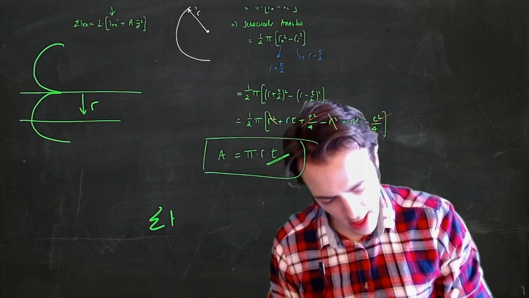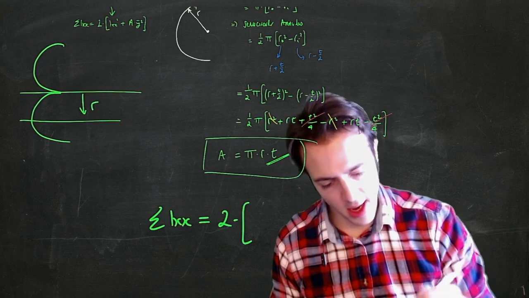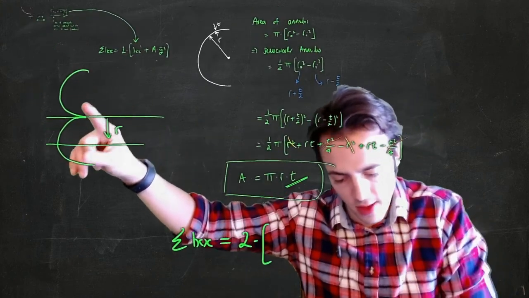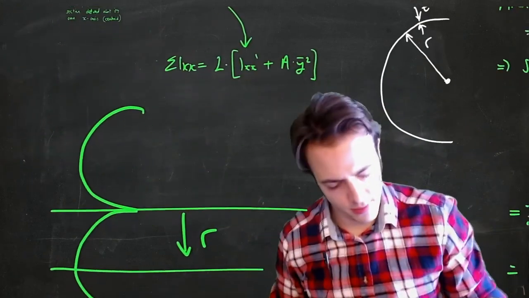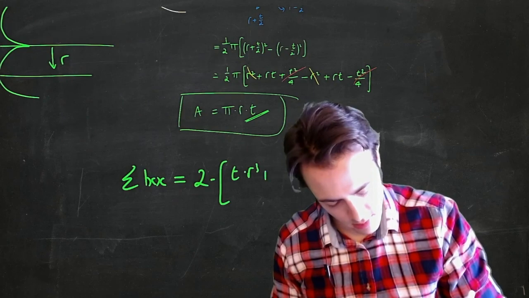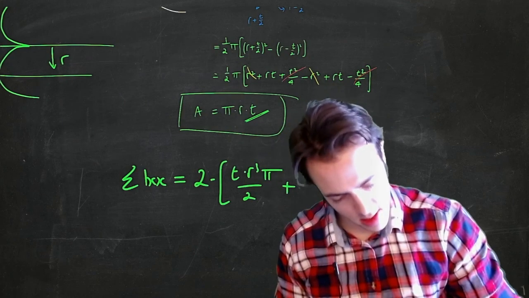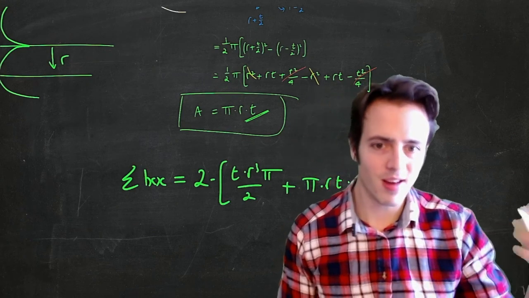So the total Ixx of this shape is equal to 2 multiplied by the Ixx of the semicircle about itself, which is t r cubed pi on 2, plus the area, which is pi rt, multiplied by y bar squared, which is r squared.